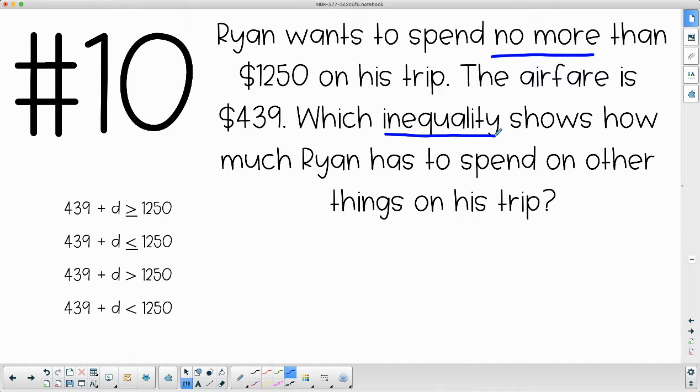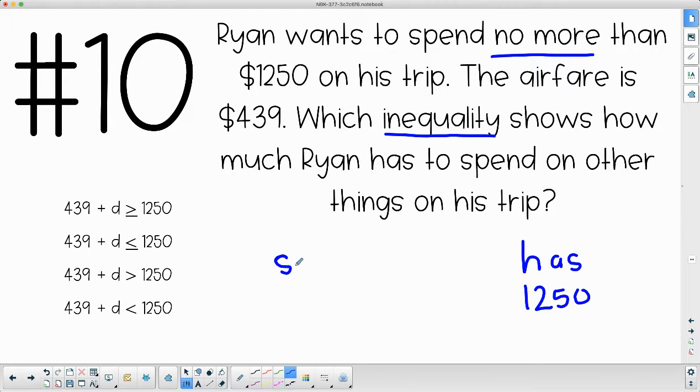I know it's going to have a greater than or less than sign. It shows how much Ryan has to spend on other things on his trip. Looking at all of the answers over here, I can see the $1,250 is always over here on the right. That's how much he has to spend, which we know is $1,250. This is the most he can spend.